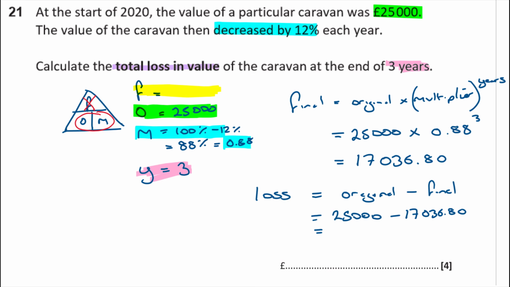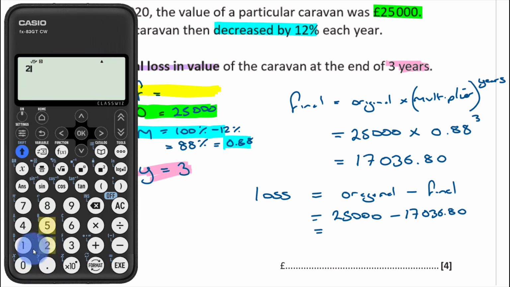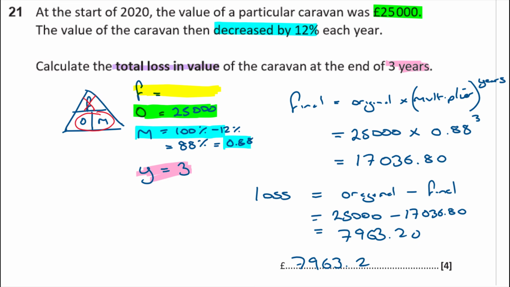So what's that then? 25,000 minus answer, because that's still in my calculator. That comes to £7,963.20. So that's how much it has depreciated by in that time. Okay, so it's lost £7,963.20 of value in those 3 years.